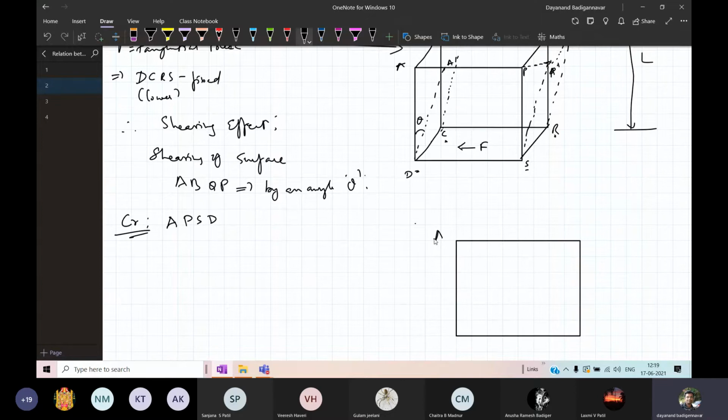So this is A, P, this is D and S. Due to the application of the force, it gets sheared. Therefore, P gets shifted to P dash, like this, and A gets shifted to A dash. This is the case. Now this is the shearing effect theta.